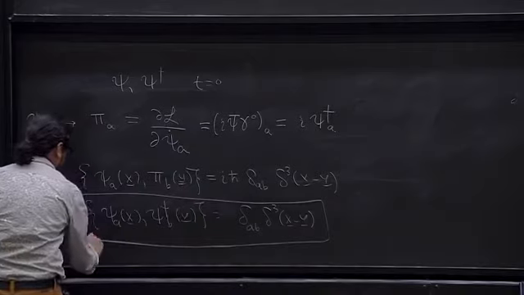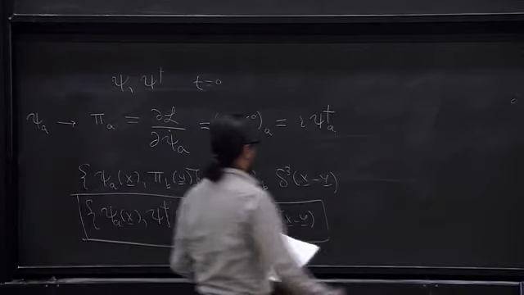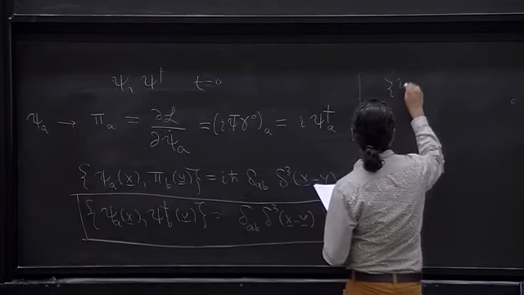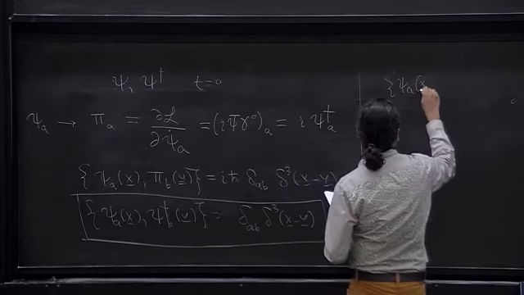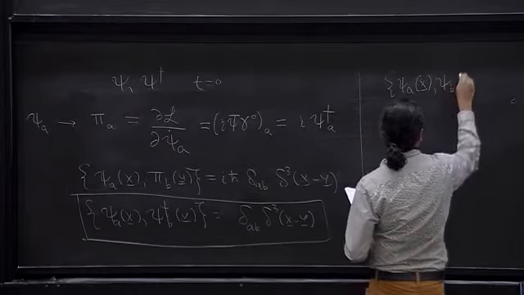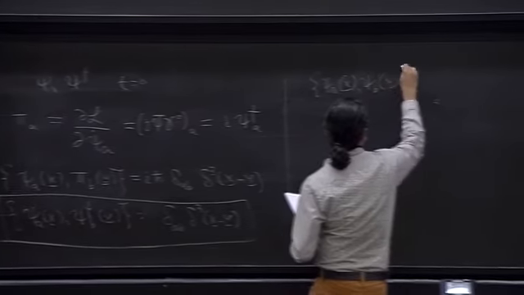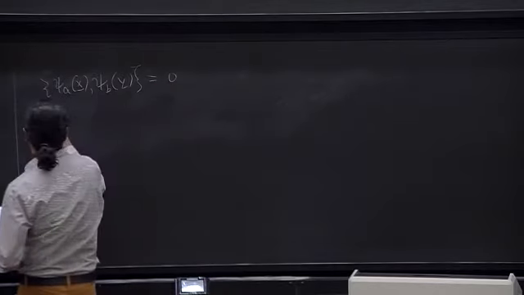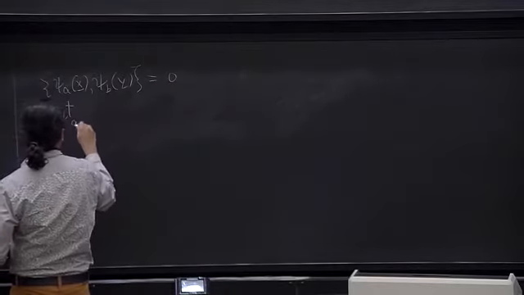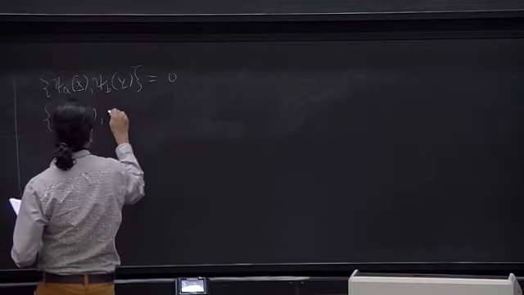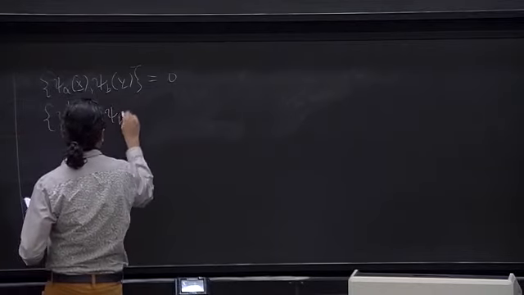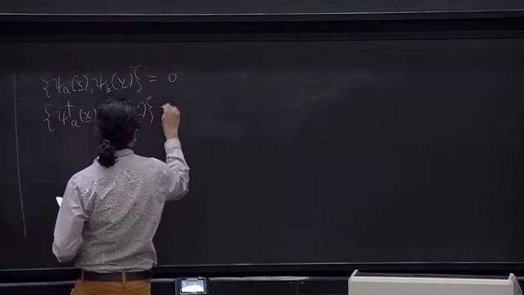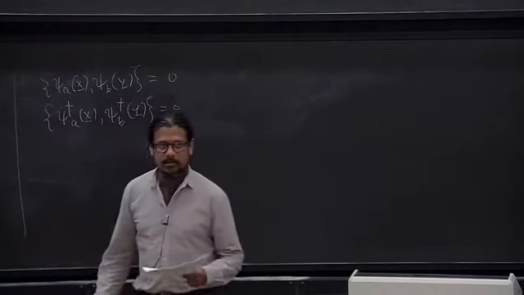So this is our non-trivial anti-commutation relationship. We also impose that psi a anti-commutes with another psi b, and psi dagger a anti-commutes with another psi dagger. All right?